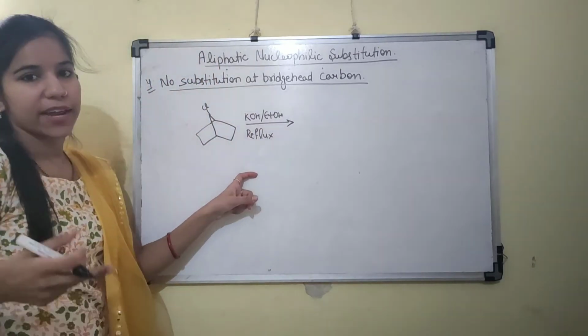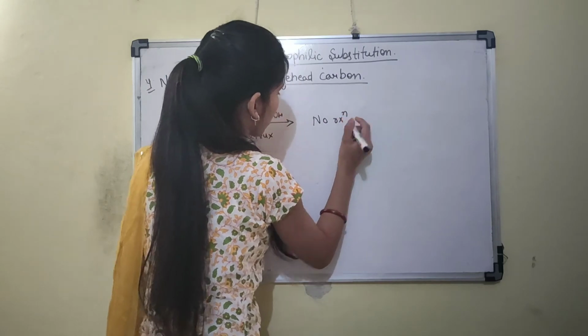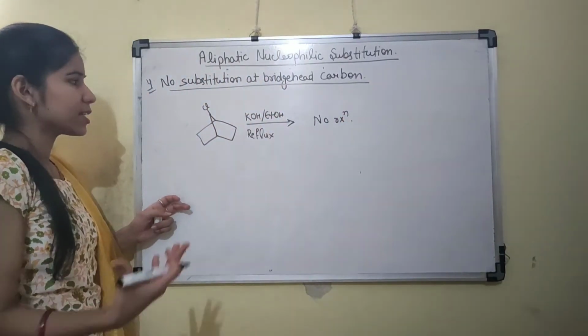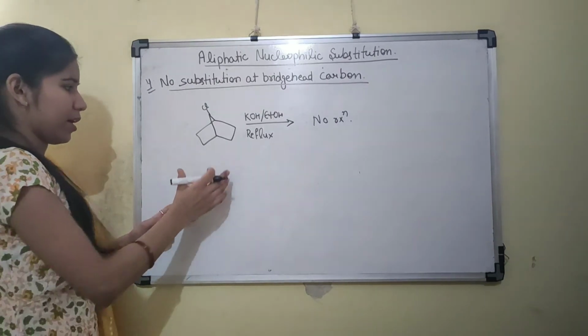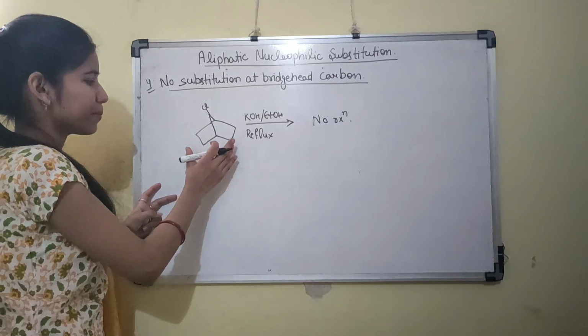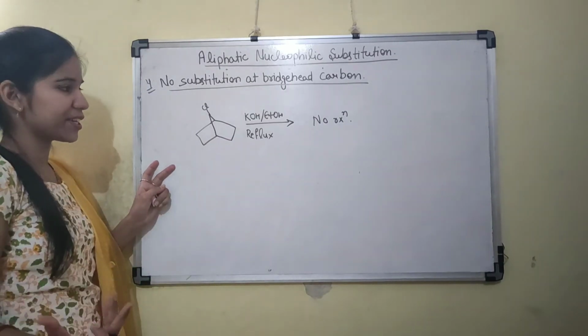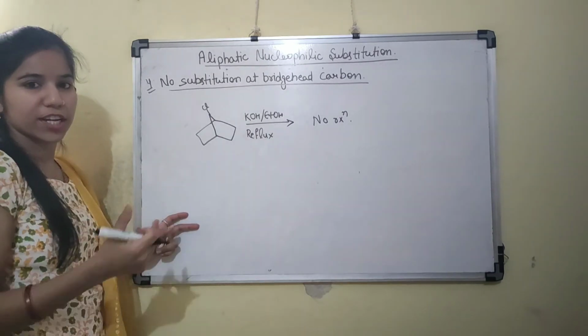There is no reaction, because in the SN1 mechanism a carbocation is formed and it is planar, but the bridgehead carbon cannot become planar because it has a rigid structure. So in this case no reaction occurs.